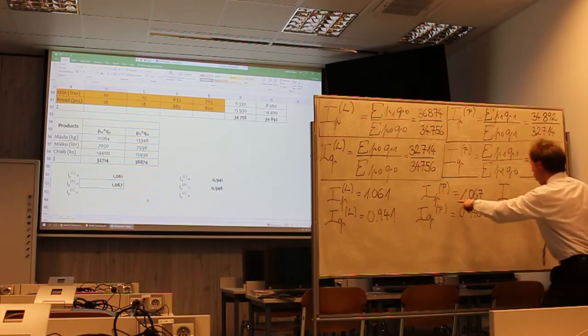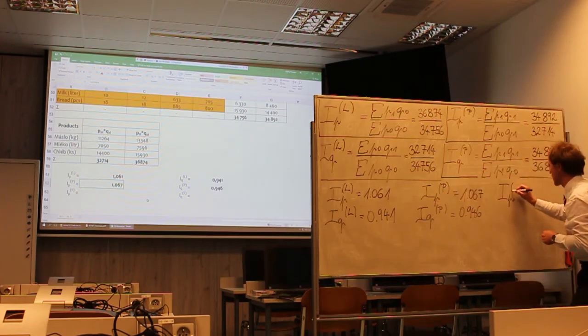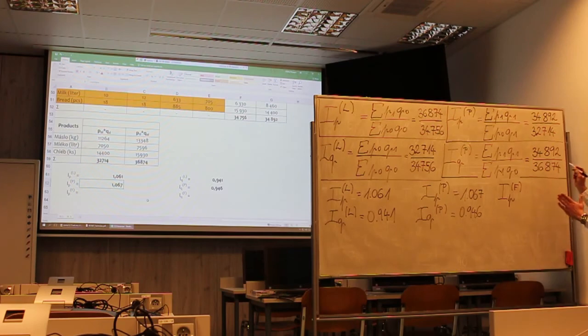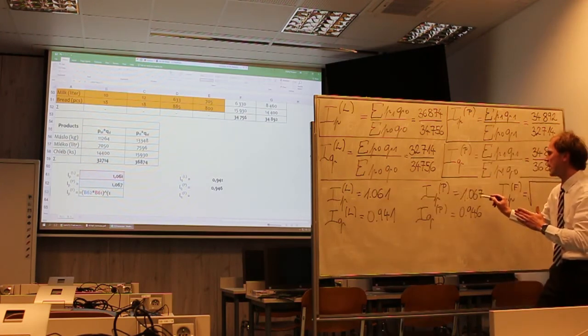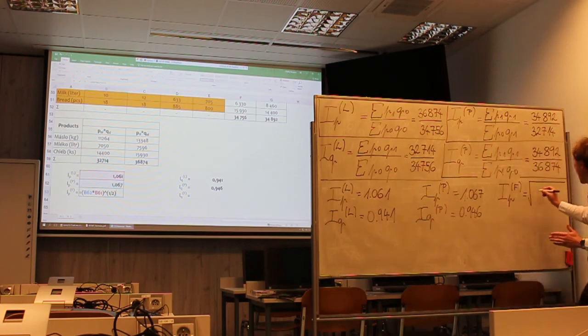the index for prices of Fisher type. This is calculated like a geometrical mean. There is the square root from multiplication of these two indices, 1.061 multiplication 1.067.